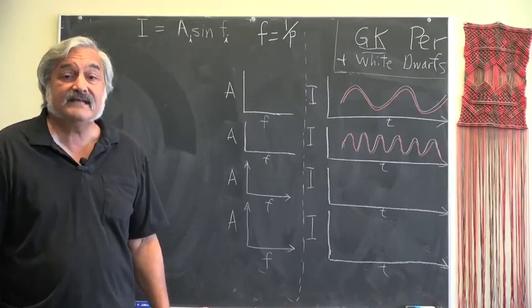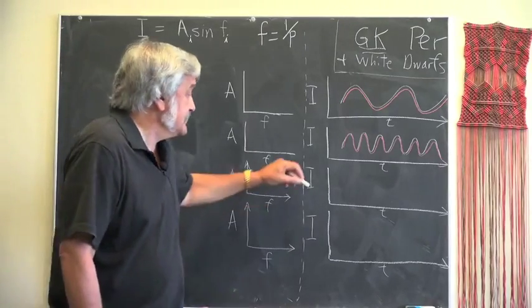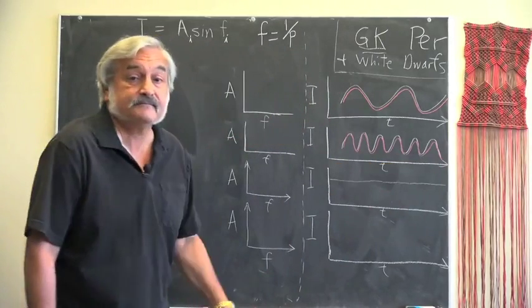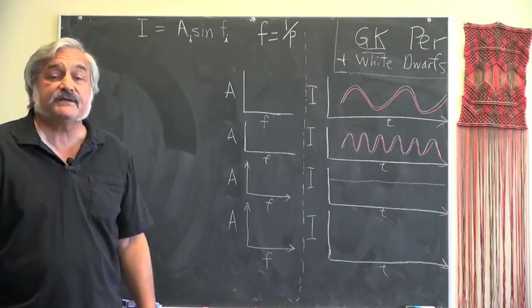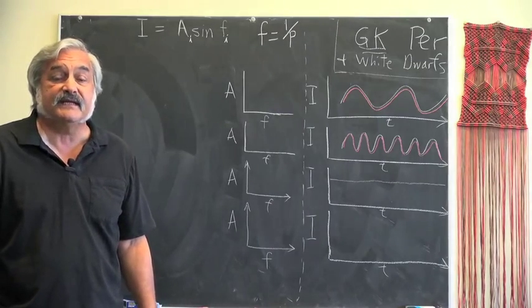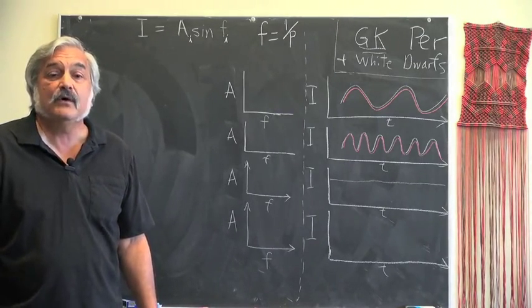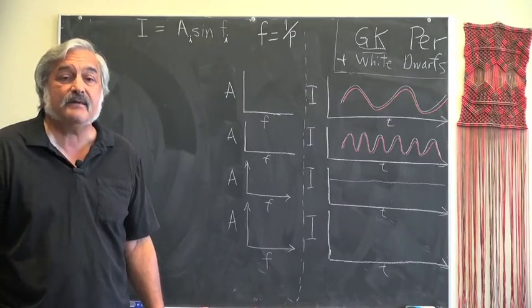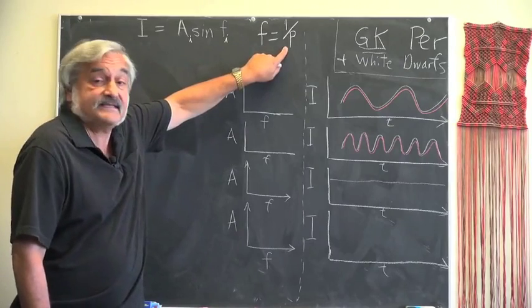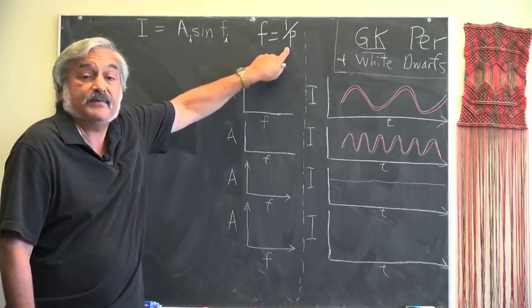But what about a constant intensity source? Something that looks like this. Well, a moment's reflection will tell you that a sine wave of zero frequency or infinite period will have precisely this property. Remember that f, the frequency, is 1 over the period.